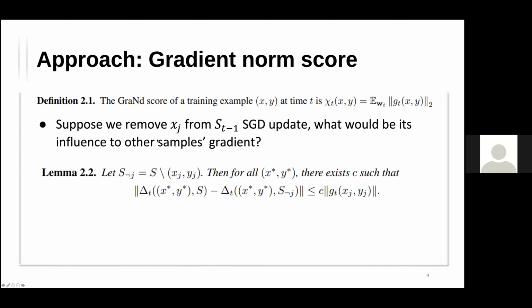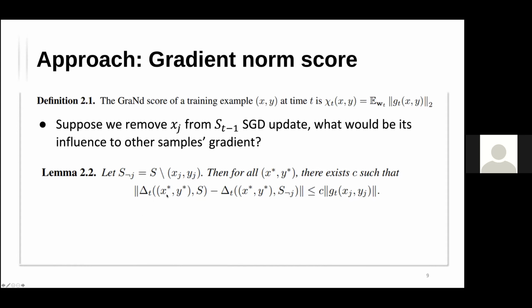That means we want to see the influence of removing xj on other samples' gradients. This question can be formulated like this.